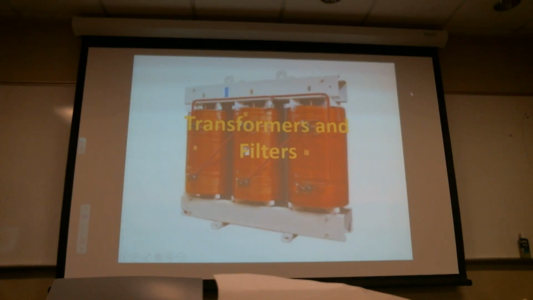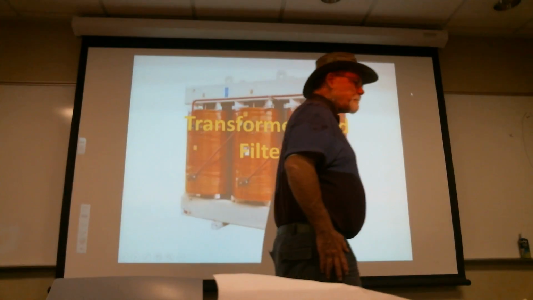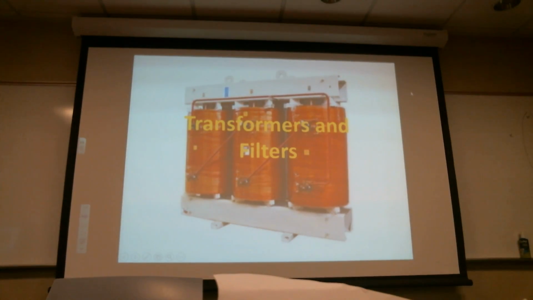All right, so as we dive into transformers and filtration, in this realm, we're pretty universally talking about AC only. There are going to be some instances of pulsed DC where we use a transformer.